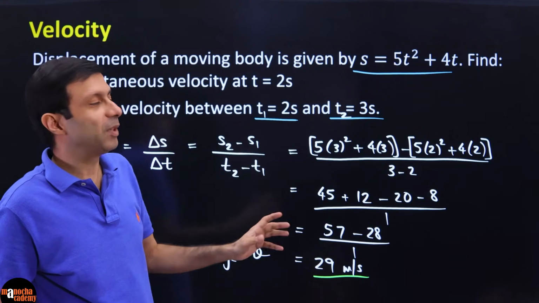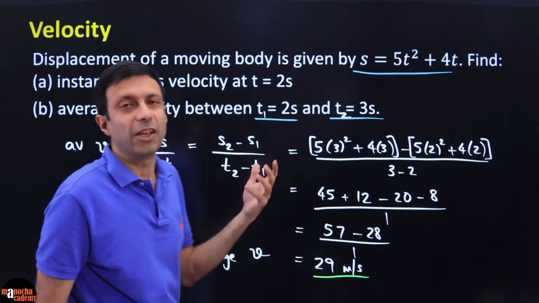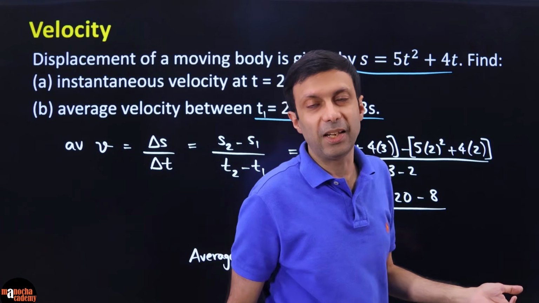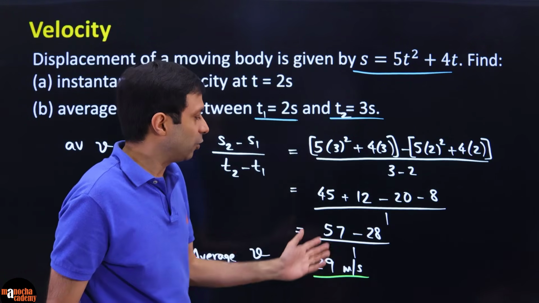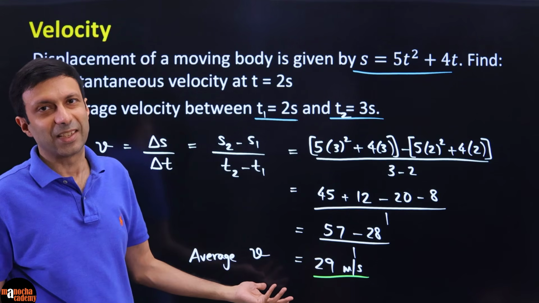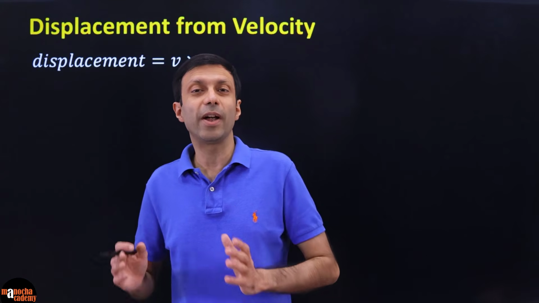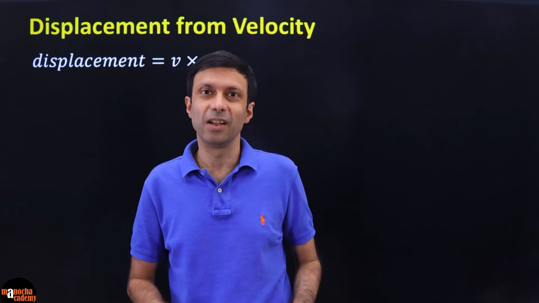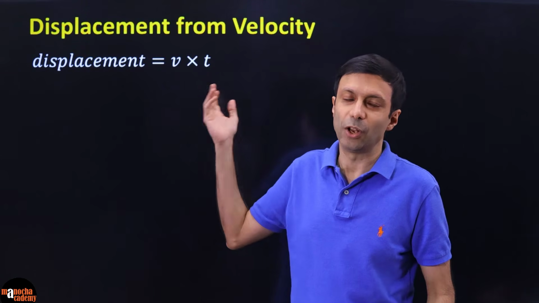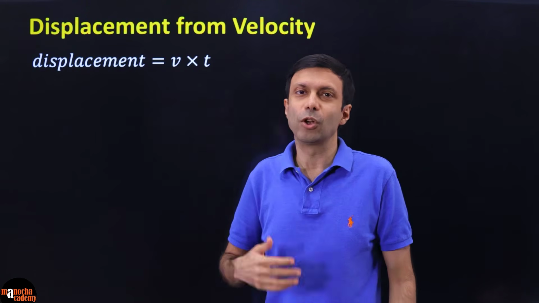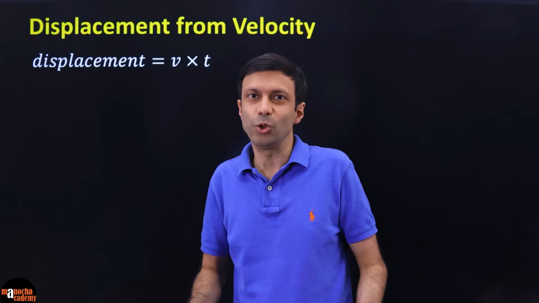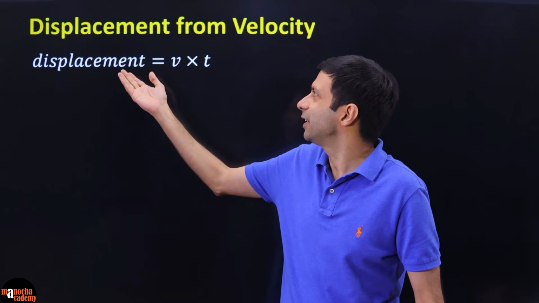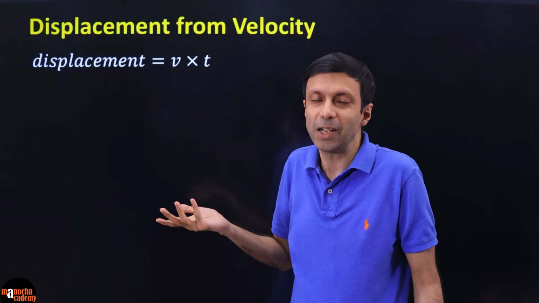So see, it's very simple. Just use the formula and carefully substitute the values, calculate, and there you get your answer. So we have seen how to find velocity from displacement. Now how do you find displacement from velocity? We know velocity is displacement by time, so you can rearrange the equation and you'll get displacement equals velocity multiplied by time.